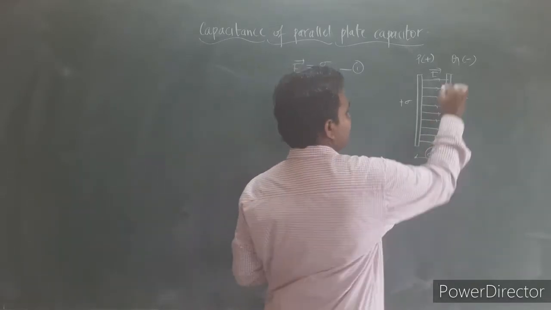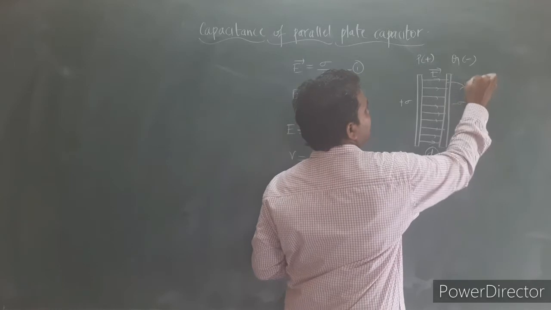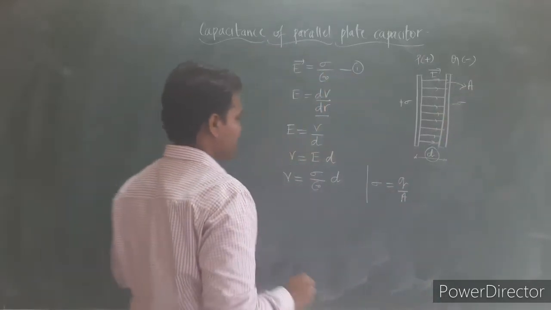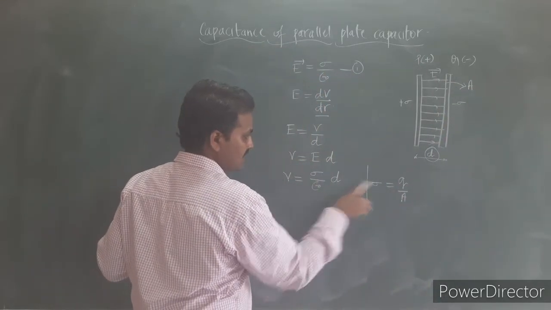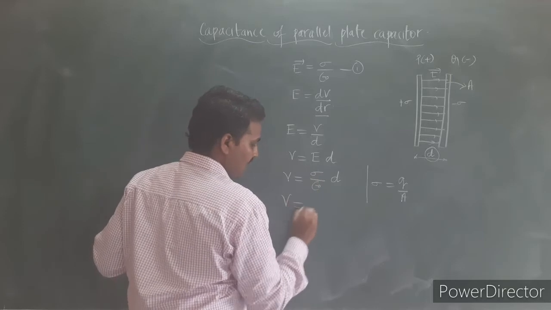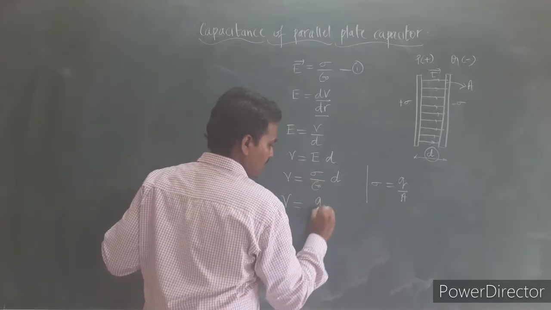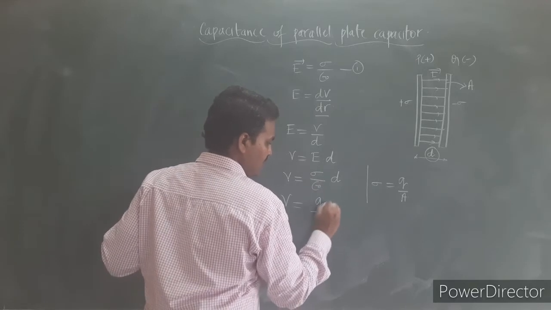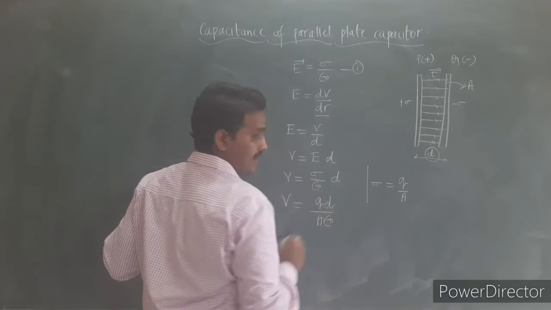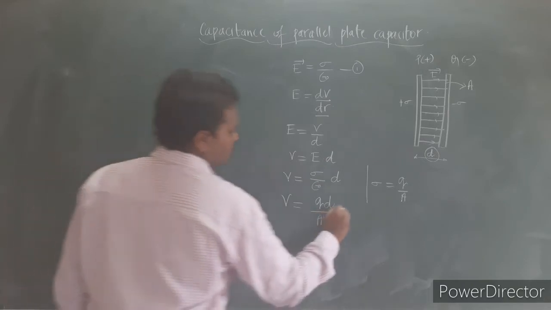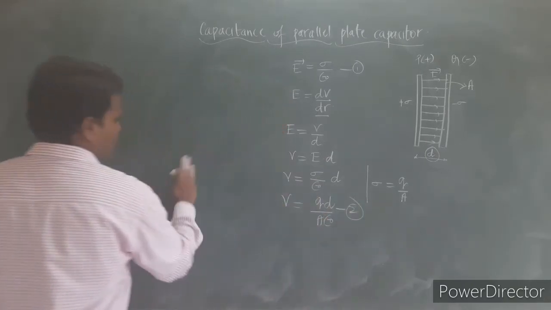This surface area we can take as capital A. So I can replace sigma by Q divided by A. I can write electric potential is equal to Q d divided by A epsilon naught. Let this be equation number 2.